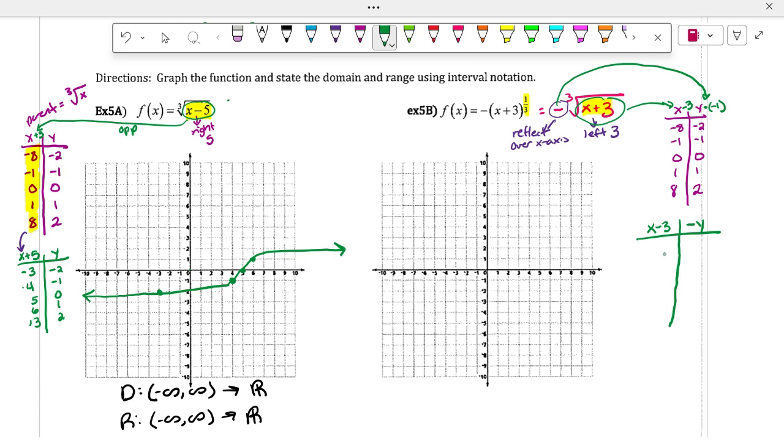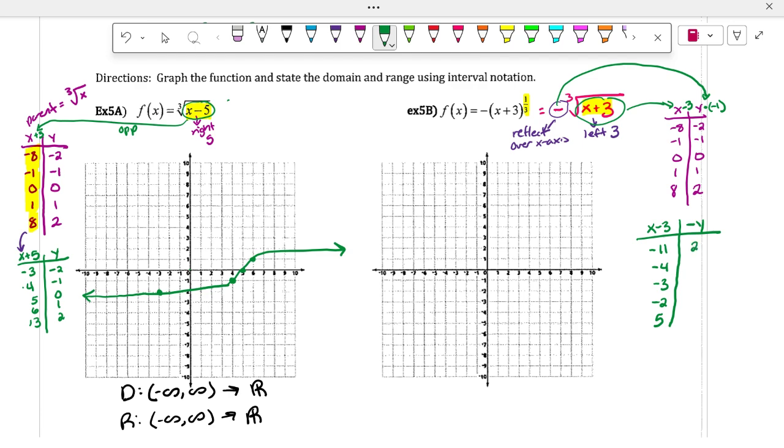So what's -8 minus 3? -11. What's -1 minus 3? All right. 0 minus 3? 1 minus 3? 8 minus 3? Now, all I'm doing is multiplying -1 to my y value. So essentially, what am I doing?